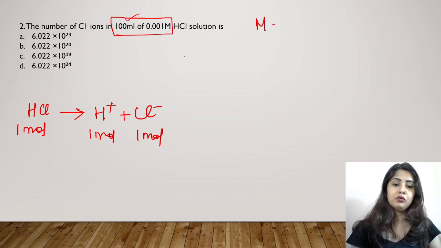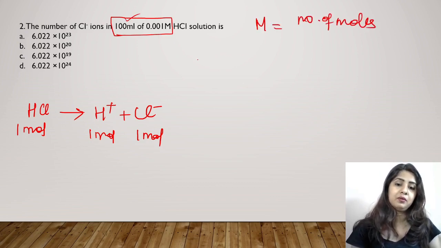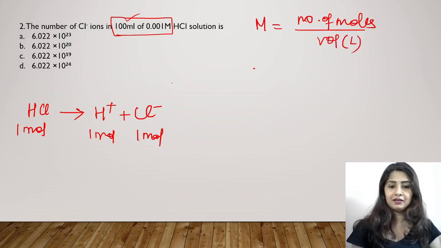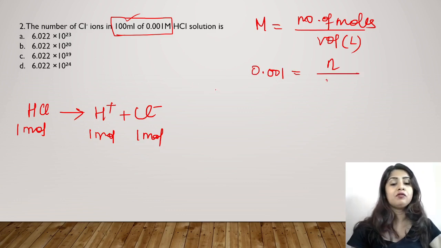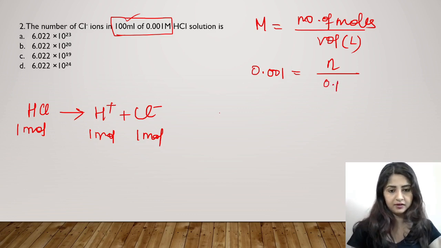Molarity equals number of moles upon volume in liters. Molarity is given as 0.001 equals number of moles, which we have to find, I'll write it as n, over volume in liters. 100 ml converted into liters becomes 0.1 liter.